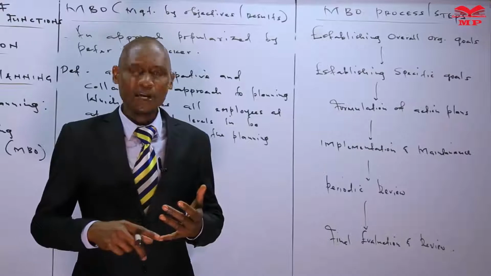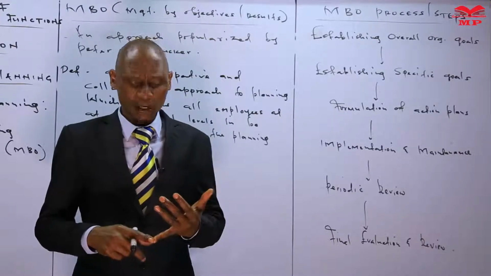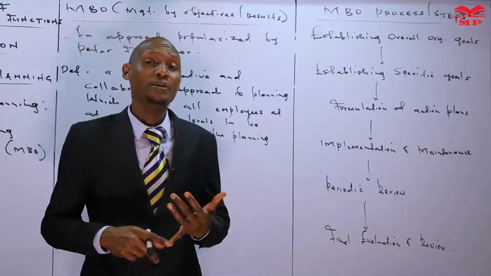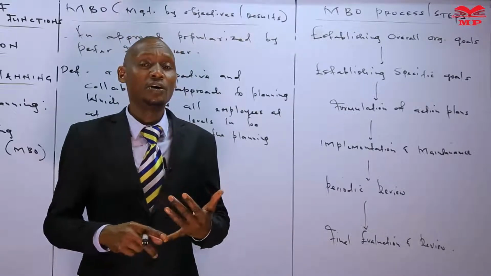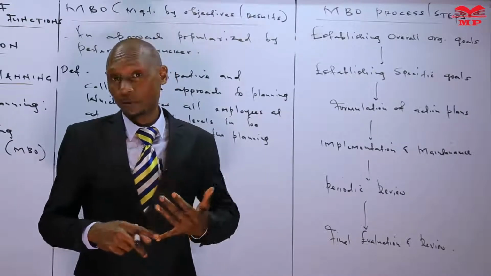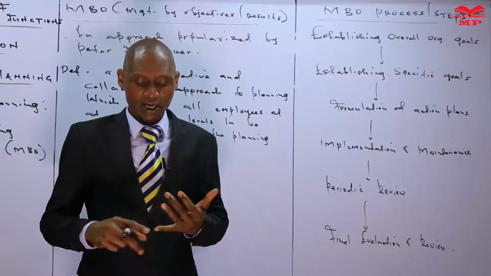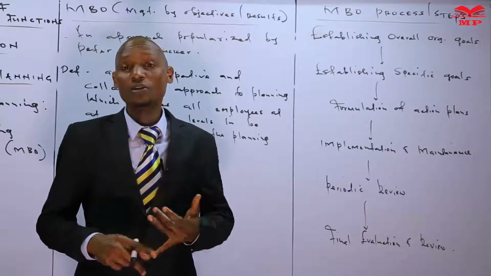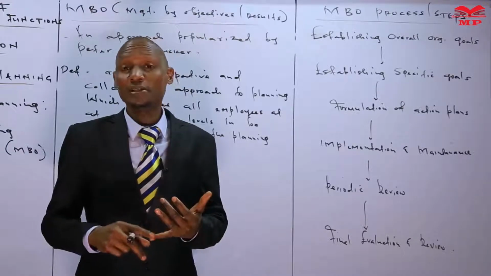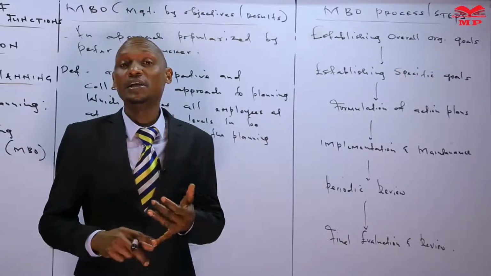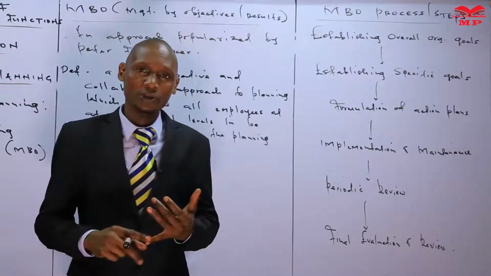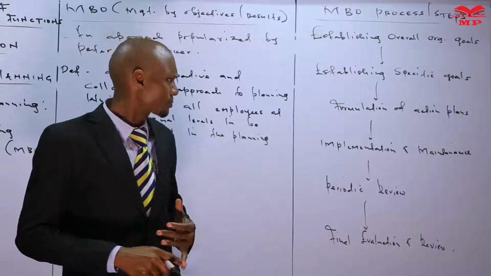So the managers of the departments together with their subordinates will formulate the strategies, the courses of action that they intend to employ in order to achieve the departmental goals. An individual employee, while working together with their manager or supervisor, will formulate or devise the means they intend to use or employ to achieve the individual goals set in the earlier step.